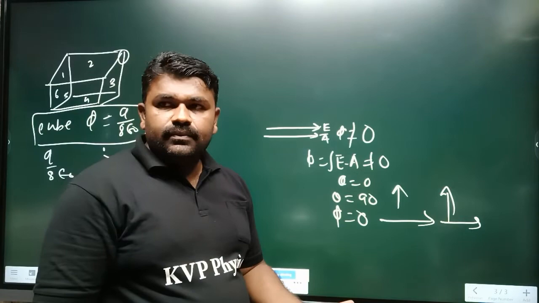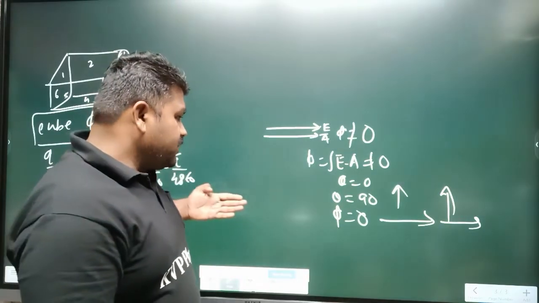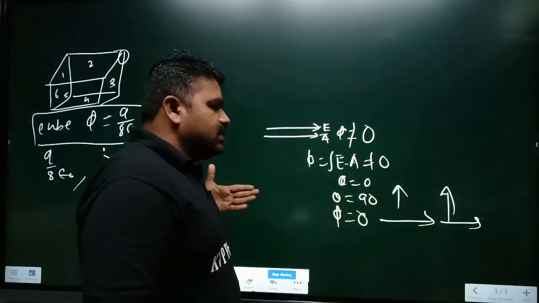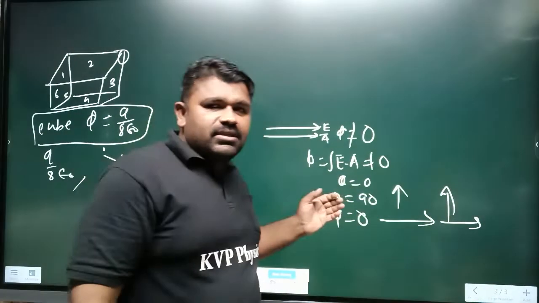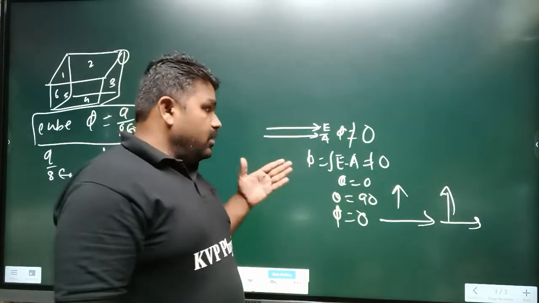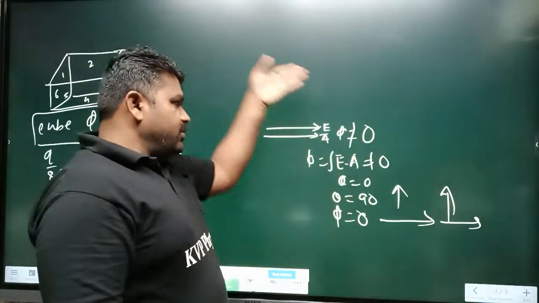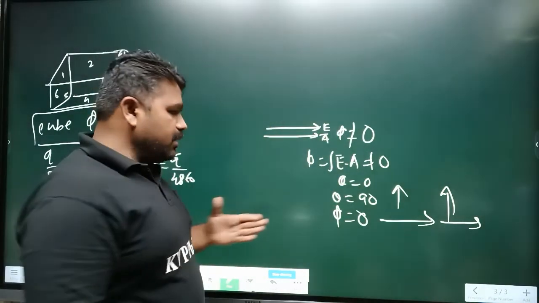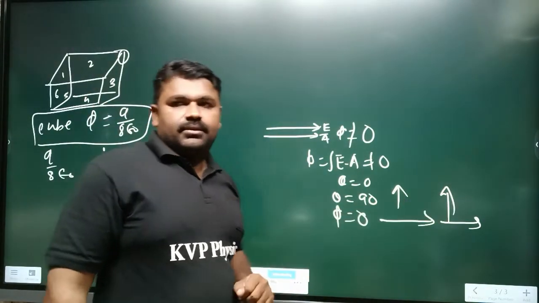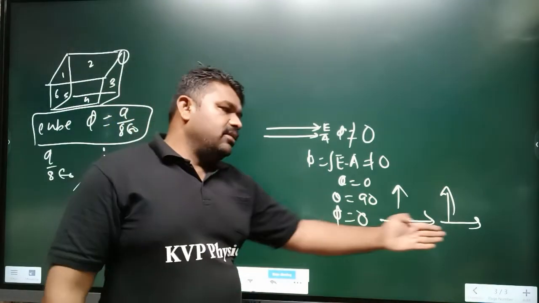0. Yes or no? Means the flux is passing parallel to this surface. Then how much flux is passing through this surface area? Suppose we consider this one is the surface area, but the electric flux is in this direction.